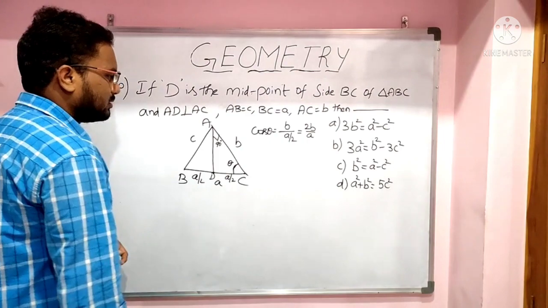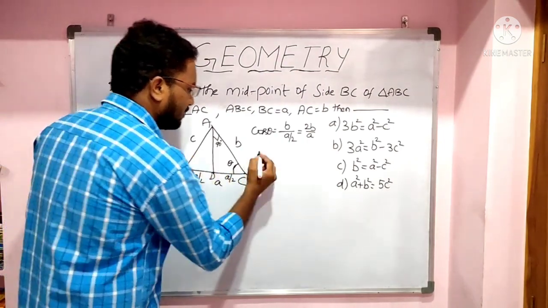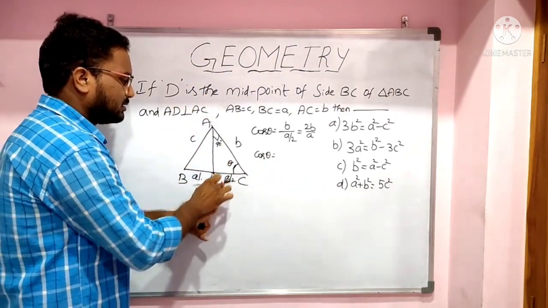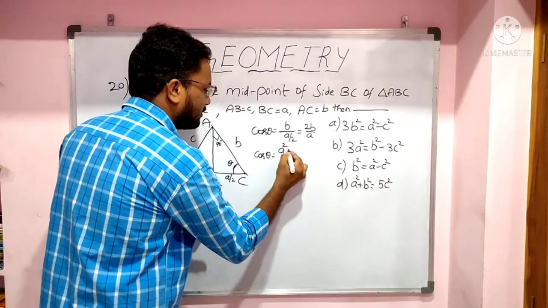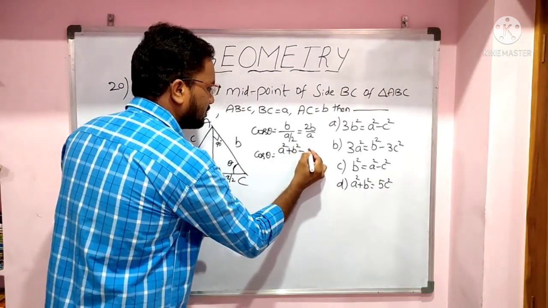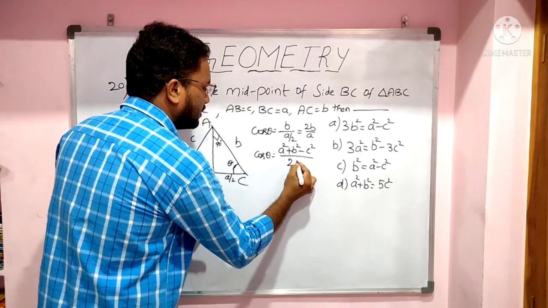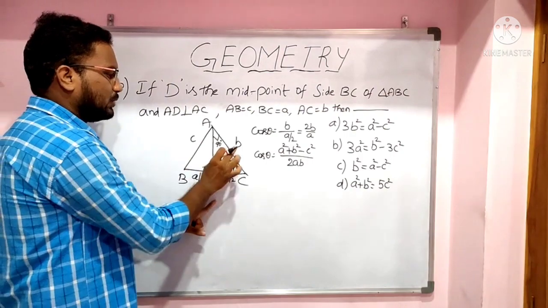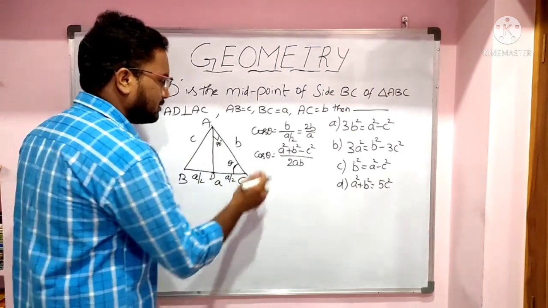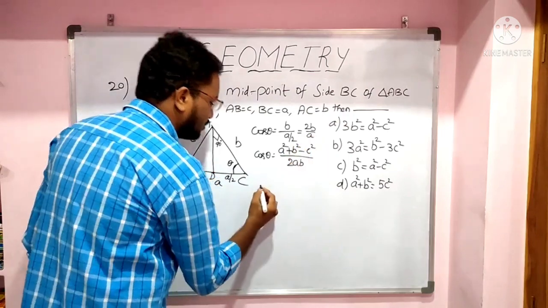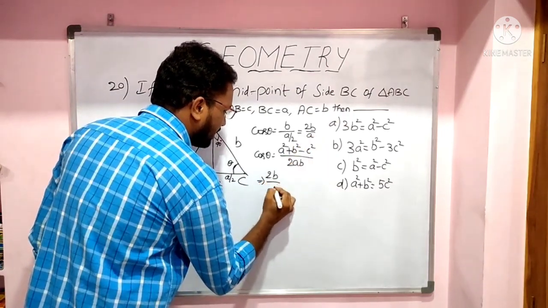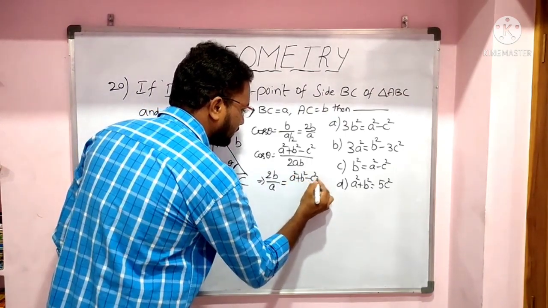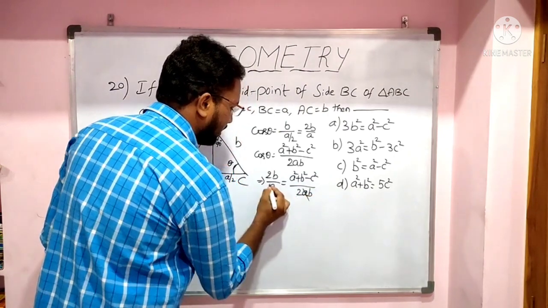So from the cosine rule, what is cos theta? Cos theta equals the sum of squares of the other two sides, a square plus b square minus c square, by 2ab. This is the cosine rule. We already have cos theta value as 2b by a. So 2b by a equals a square plus b square minus c square by 2ab. The a cancels.